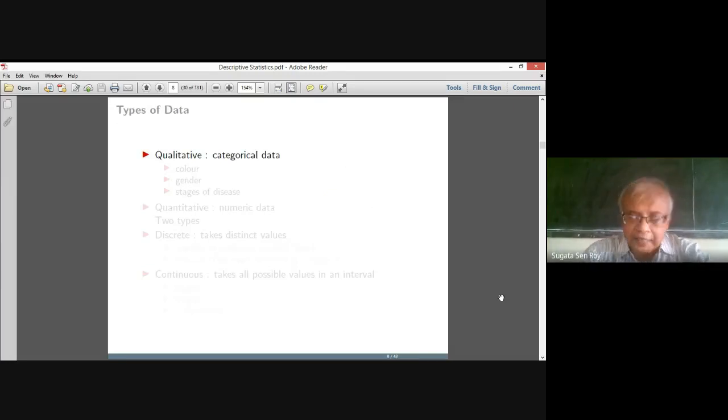Now let me come to just the descriptive parts, because I'll not be doing the other parts here. First of all, what are the types of data that you get? Very often we have a confusion regarding data. There are two types of data: one is qualitative, the other is referred to as quantitative.